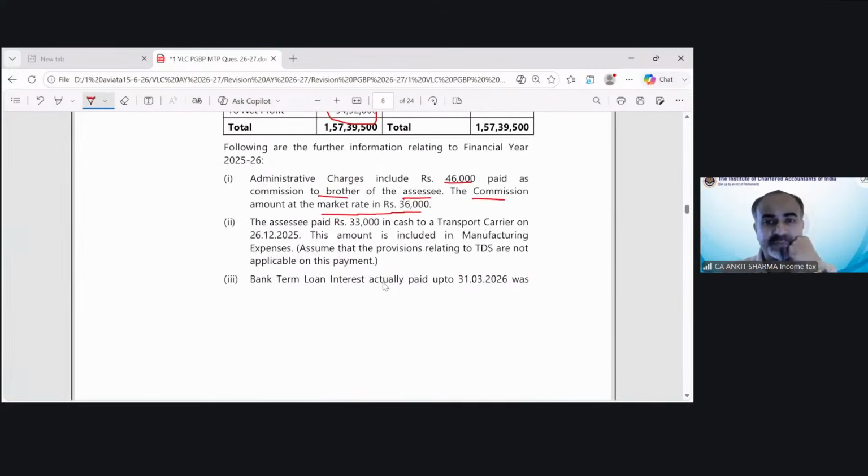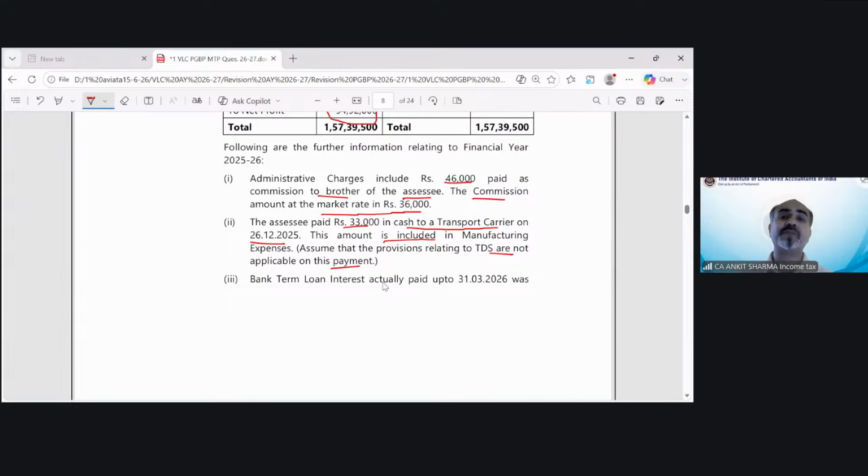Next is the assessee paid rupees 33,000 in cash to a transport carrier on 26/12/2025. The amount is included in manufacturing expenses. Assume that the provision relating to TDS are not applicable. You must have remembered, there was a provision which says if the payment is made to a person in a single day exceeding 10,000, that is going to be fully disallowed.